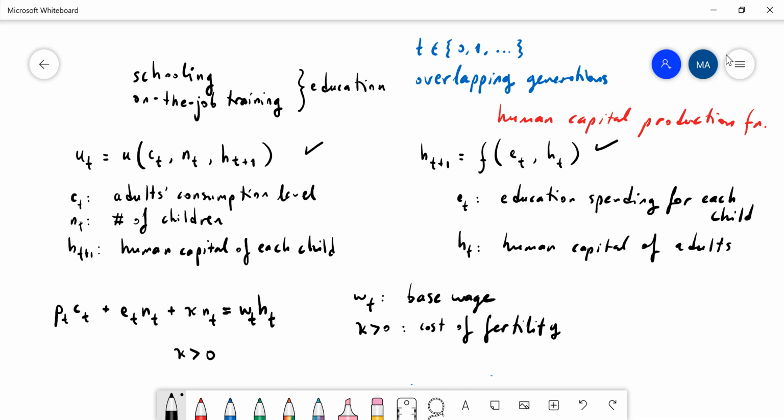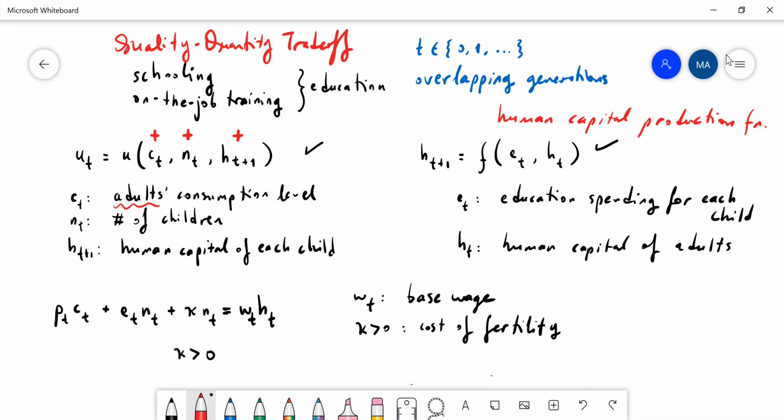Now, as you see, this is a model of quality-quantity trade-off. Why? Because the parents, the adults, face a trade-off. They obtain utility from their consumption, and they obtain utility from their kids, just the number. This is the quantity part. They also obtain utility from the quality of their kids.